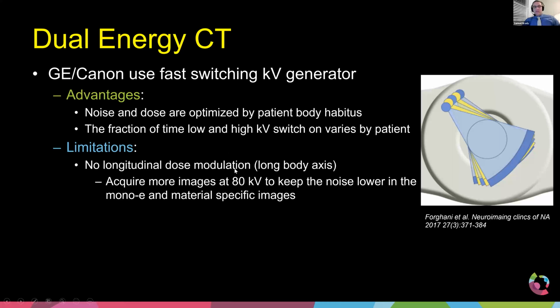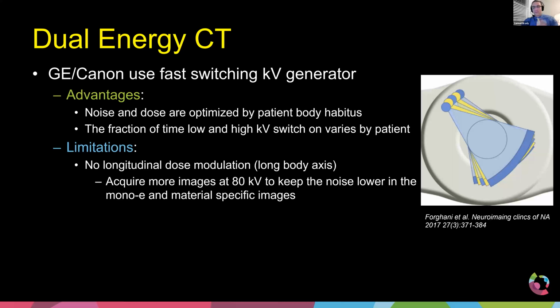And it therefore will set the MA to generate the right amount of noise in the low energy KV images. Now you might say, well, that's wasted photons at the high energy. So every time it acquires a 140 KV image, but at an MA that's optimized for 80, well, you're correct. That is just a waste of MA.